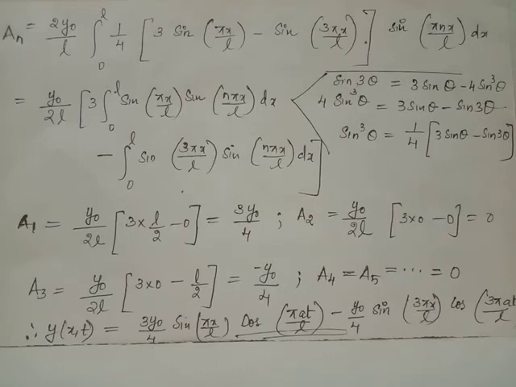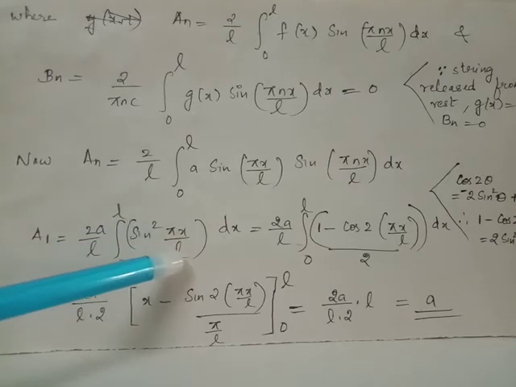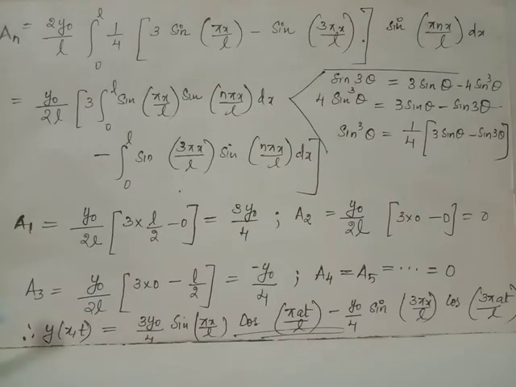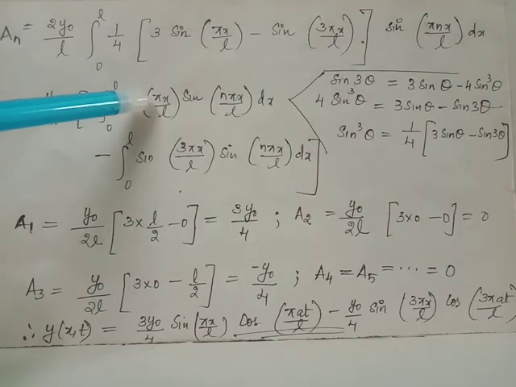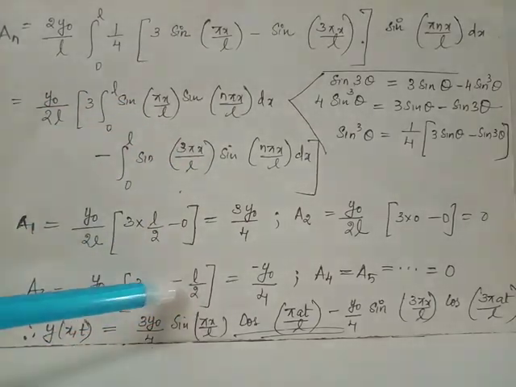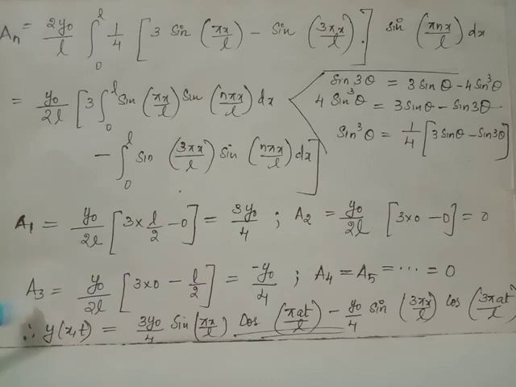Hence it will be of the form sin square 3 pi x by L, which can be written as 1 by 2 times 1 minus cos 2 times 3 pi x by L. After integration and application of limits, it becomes L by 2. Hence when you evaluate a3, this integrand becomes 0, and here you will get L by 2. The negative sign repeats here. After simplification, you obtain a3 equals negative y naught by 4.